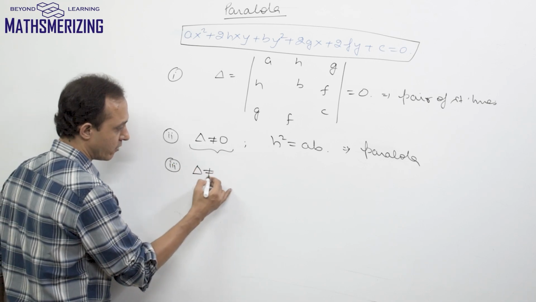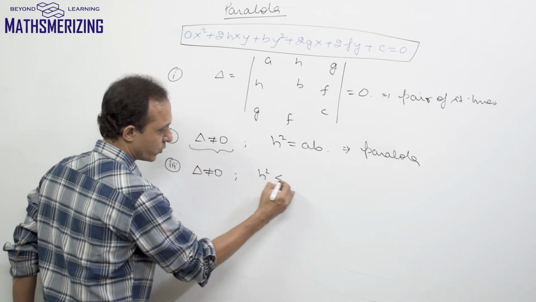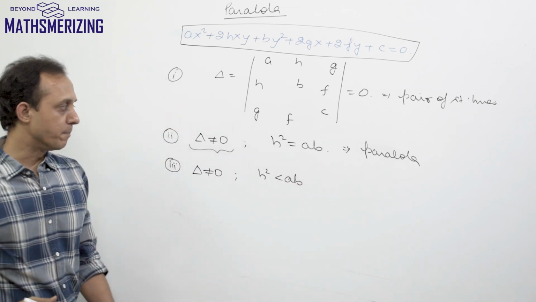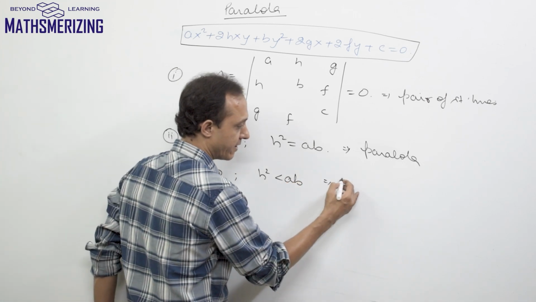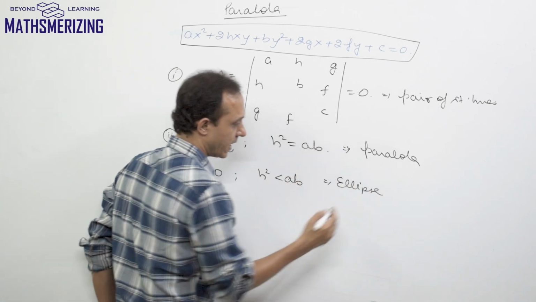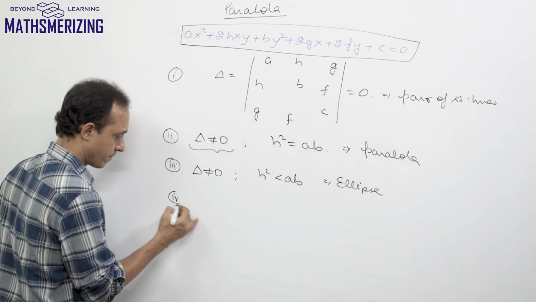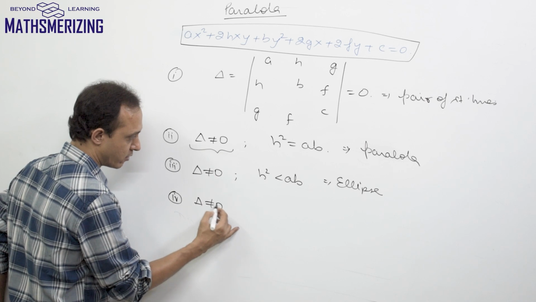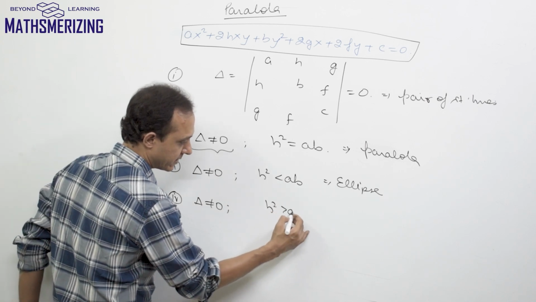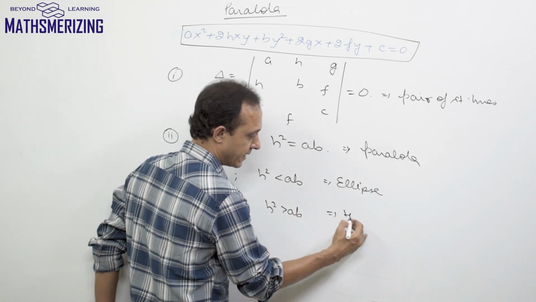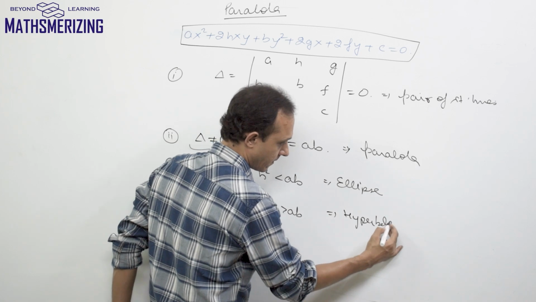If delta is unequal to 0, but h square is less than ab, this equation will represent an ellipse. And if delta is unequal to 0, but h square is greater than ab, this equation will represent a hyperbola.